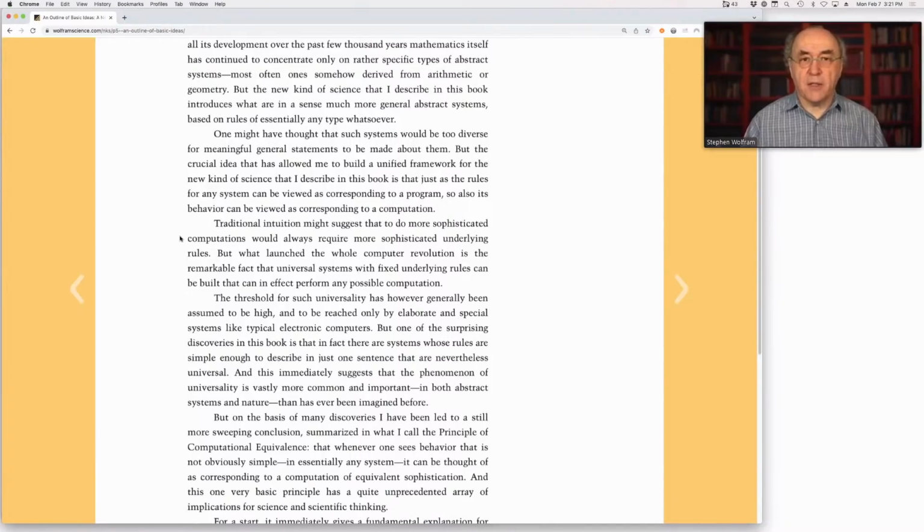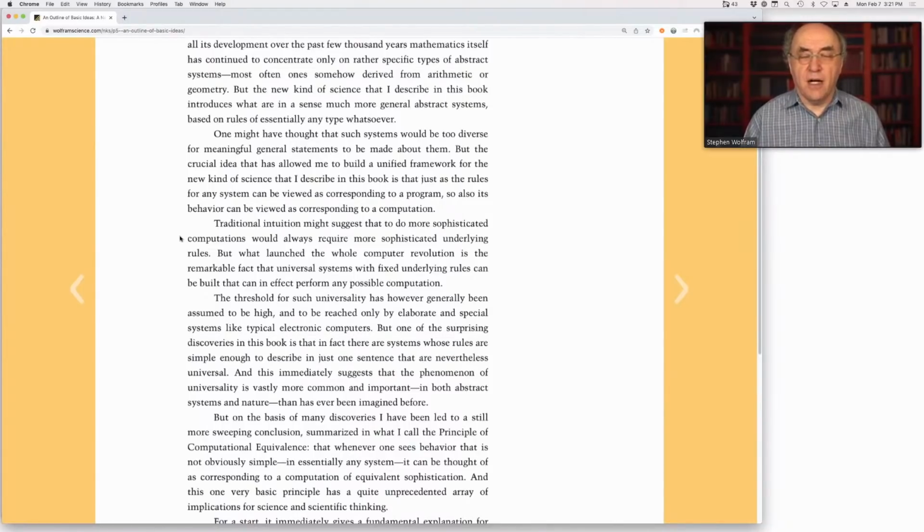And I have to say that in the book, one of the big results was the Rule 110 cellular automaton and its universality. Since the book, there was another threshold of universality question that was raised in the book about the simplest Turing machine that could conceivably be universal. And a few years after the publication of the book, I put up a prize for somebody to prove or disprove the universality of that Turing machine.